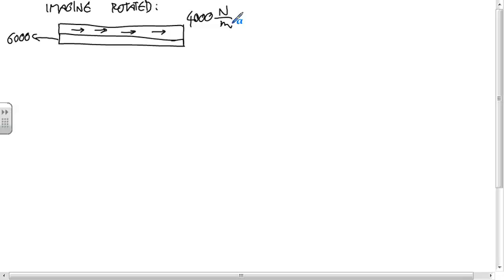Okay, so how many important points do we have on this beam? Just two, just the two endpoints. So that means 1 cut. And this cut has to represent all x values between the beginning and the end, so between 0 and 1.5.